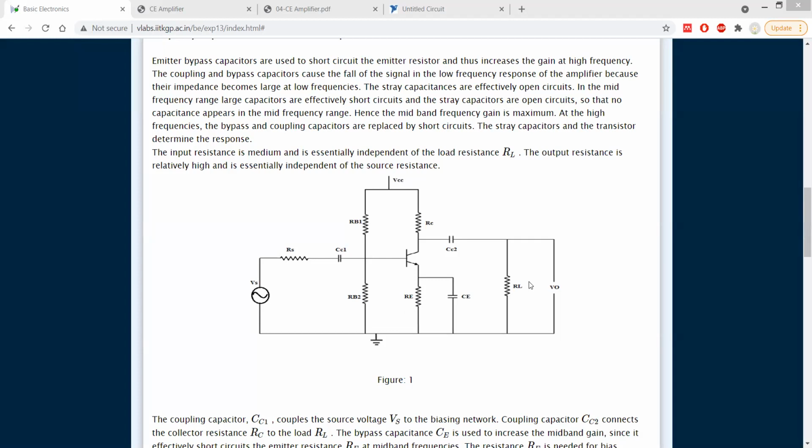But still, I think the bandwidth is now a little bit clear to you: what bandwidth means, what gain means, and what an amplifier is basically. You can also explore the audio amplifier, used in so many appliances.